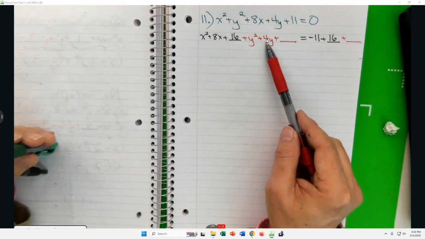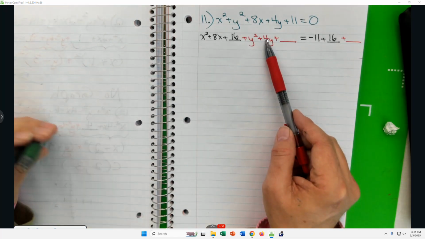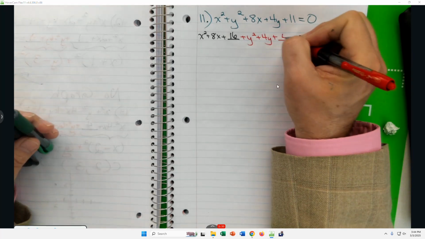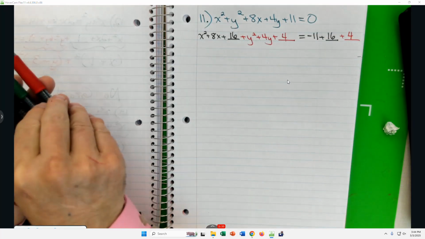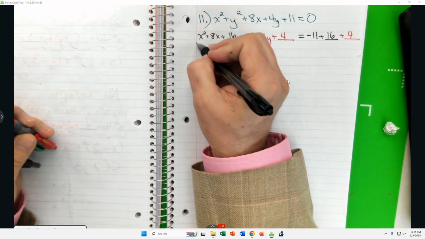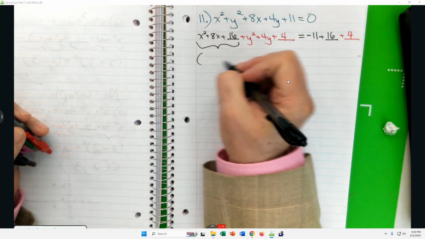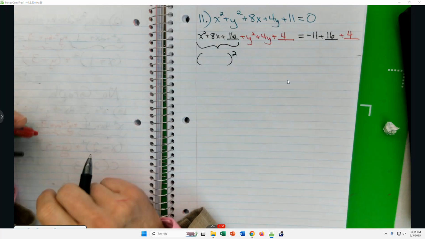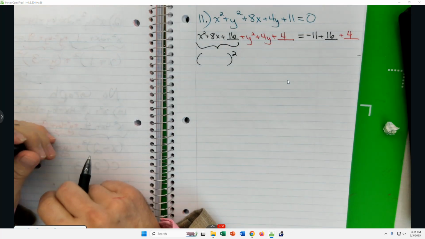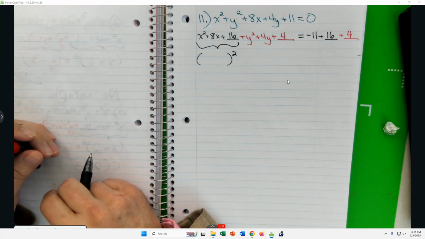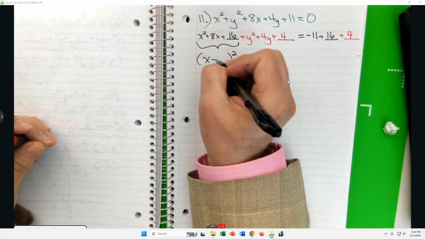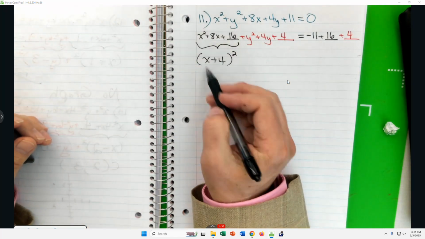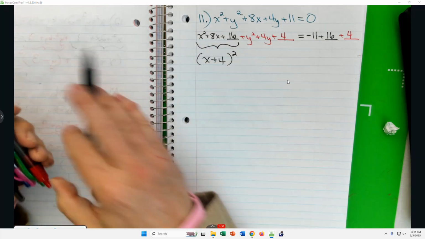Half of 4 is 2, 2 squared is 4, so add 4. Let's factor the x terms. What will I have in the parentheses? X plus 4. Variable, sign, half of that number.